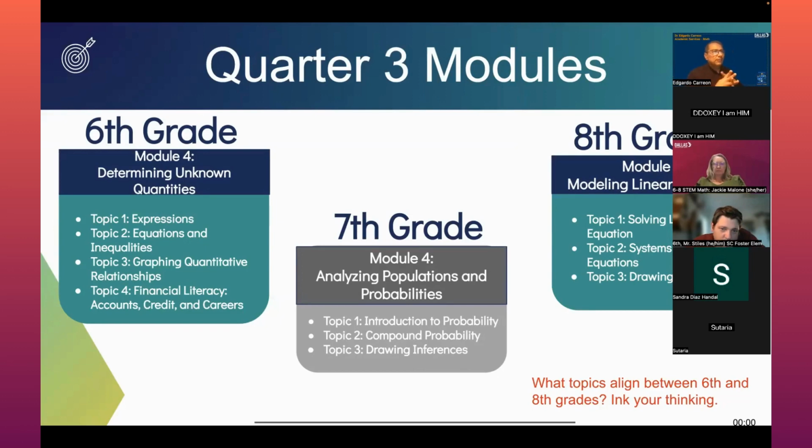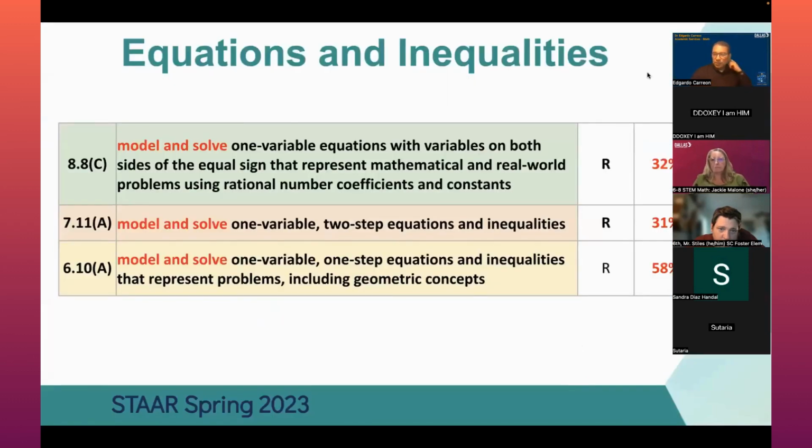So yes, definitely. 6th grade and 8th grade in quarter 3 have a very interesting set of standards. Now, these standards are as follows. We will talk about 6.10A for 6th grade and 8.8C for 8th grade. Now, you won't see 7.11A at this point, nor in 7th grade for quarter 3.